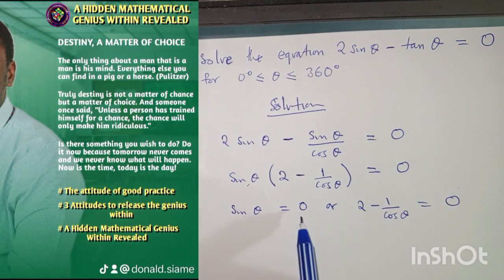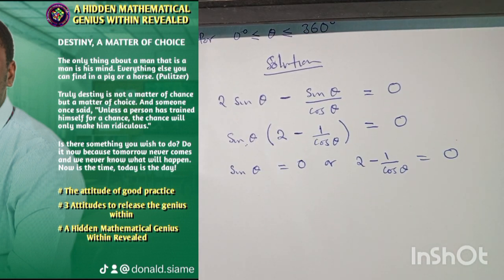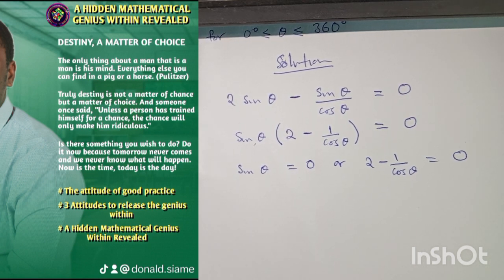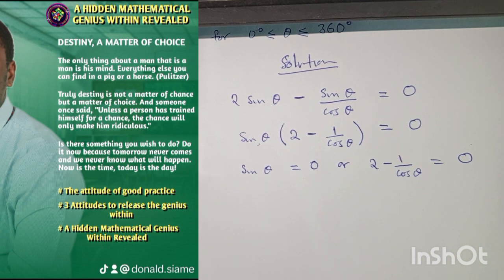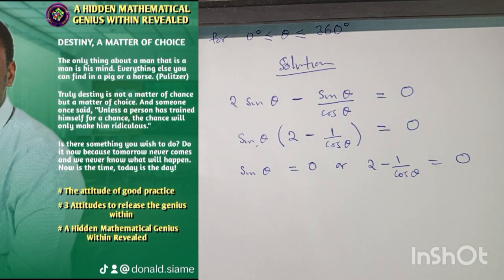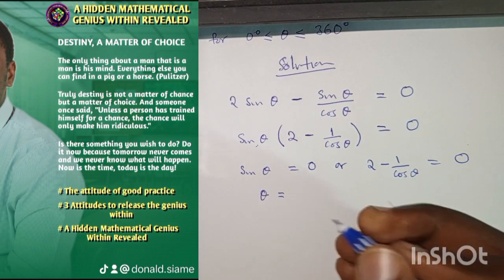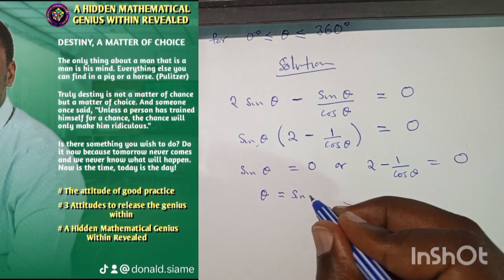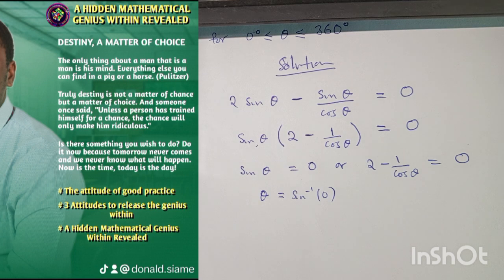So we start with this one. Sine theta is equal to 0. For us to remain with theta, we are going to introduce the sine inverse. So theta is equal to sine inverse of 0.